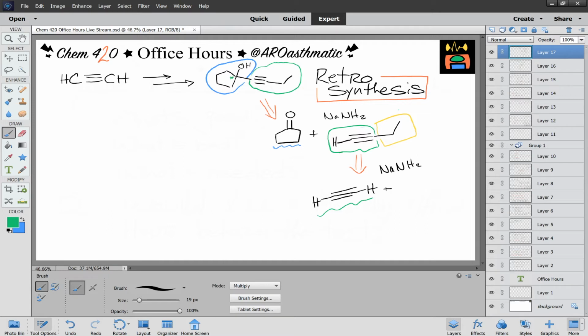For the yellow part of the molecule, we can use sodium amide to turn the alkyne into a strong nucleophile, but that needs an electrophile to attack. We need an ethyl R group, but we also need a leaving group. So let's throw, say, a bromide on there and have this be the yellow molecule. All right. And now you'll notice that through our retrosynthetic analysis, we have discovered our original starting material.